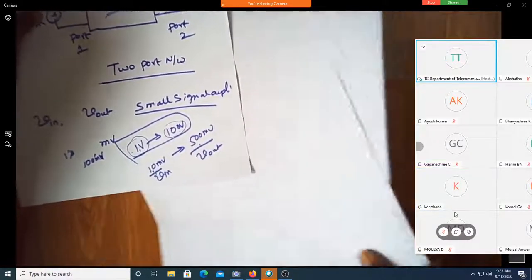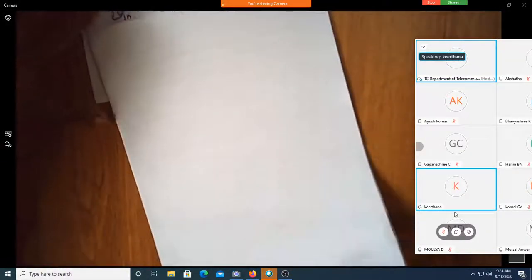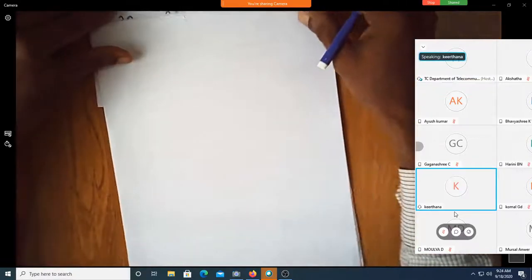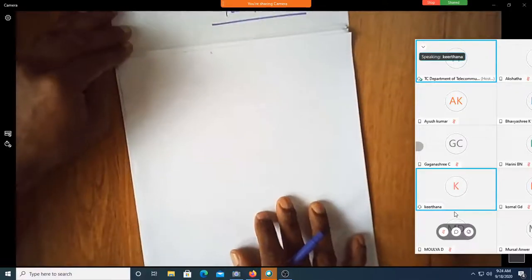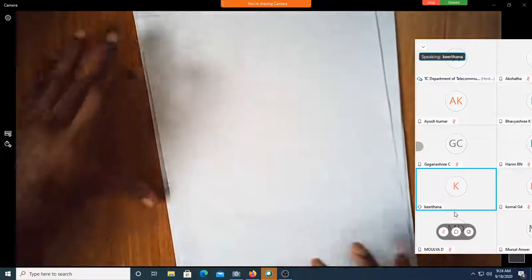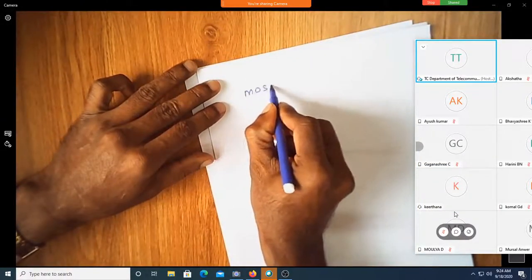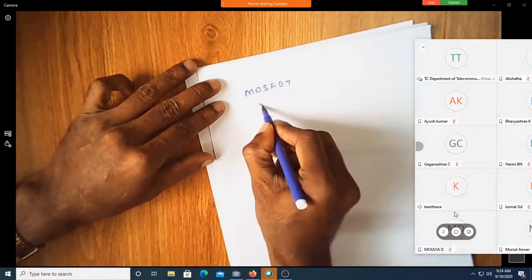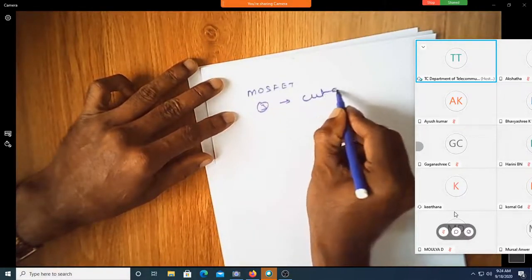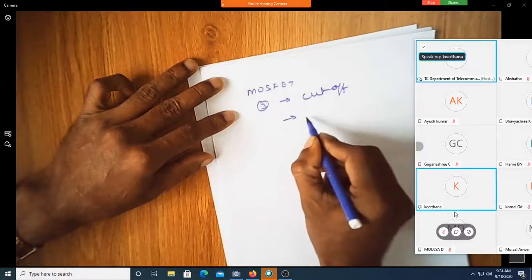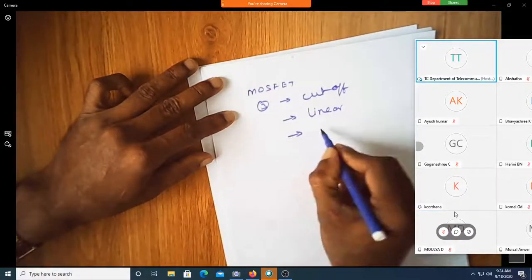Now we know that a MOSFET will operate in how many regions? Three regions. They are cutoff, and on, in which we have linear and saturation.